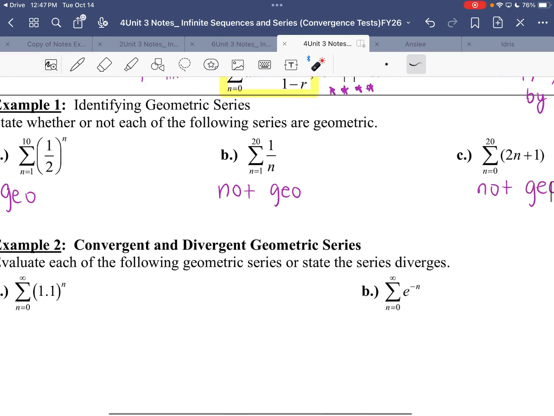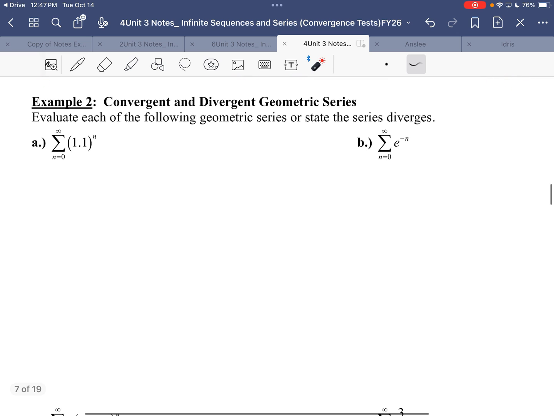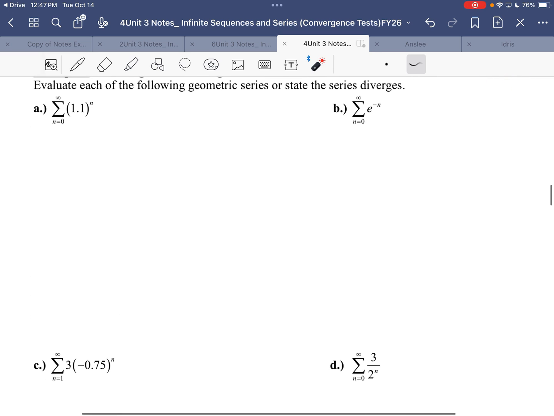Okay, to go through, you might have to rearrange things. R is only when it's to the positive n power. I want you to go through A through maybe D and identify what R is and if it's converging or diverging.